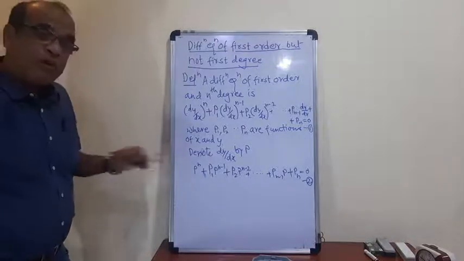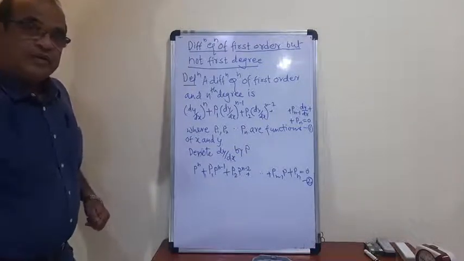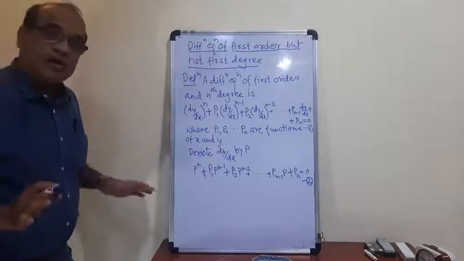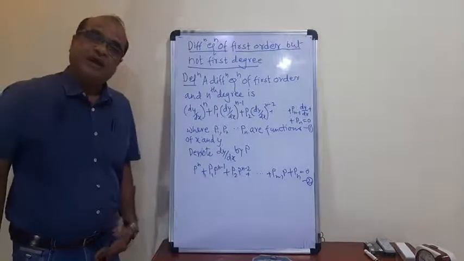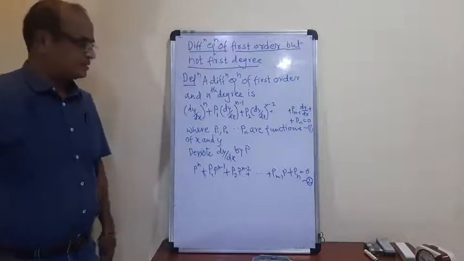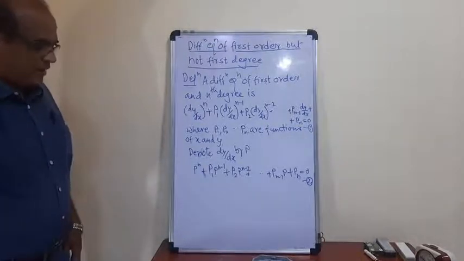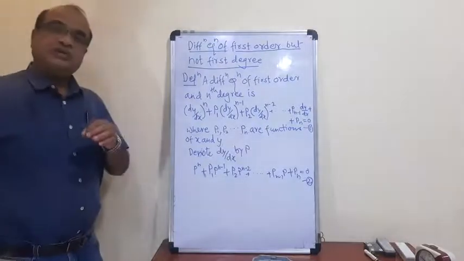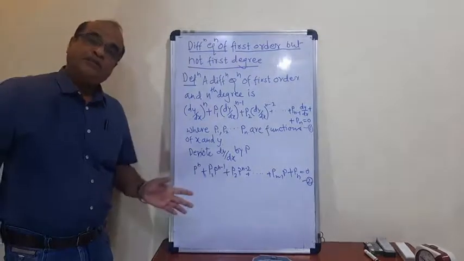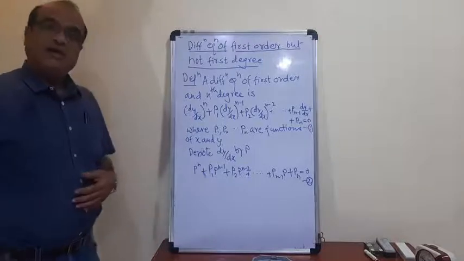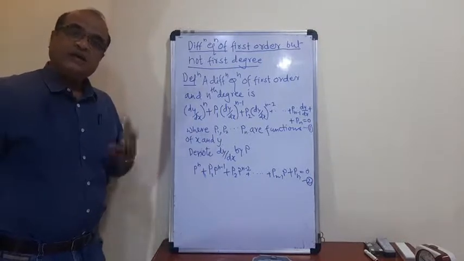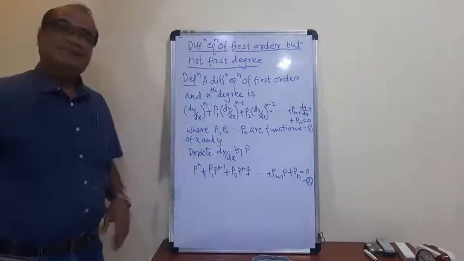So what is the problem? How to solve this differential equation? Okay. So there are three methods. First method, equation solvable for p. Second method, equation solvable for x.